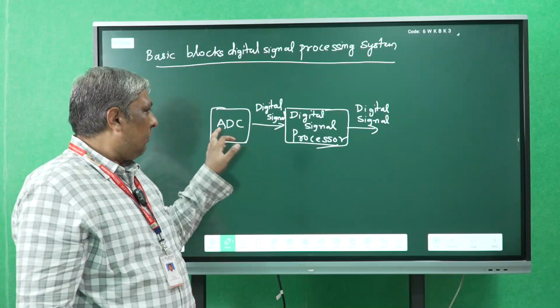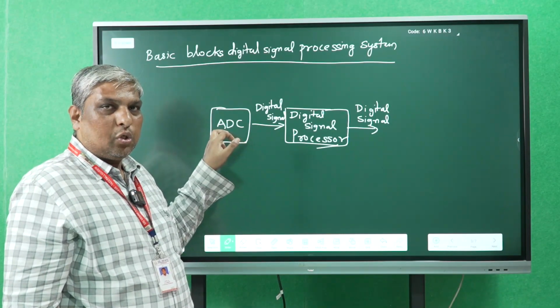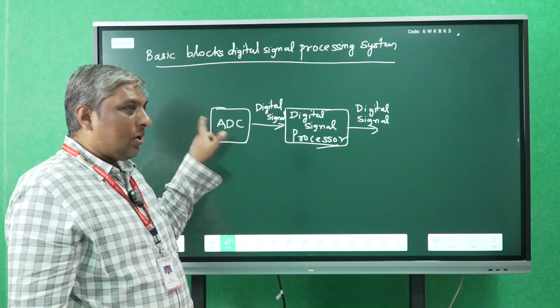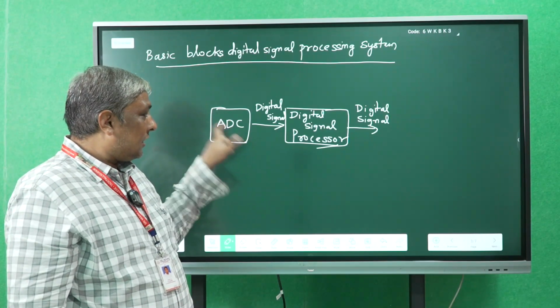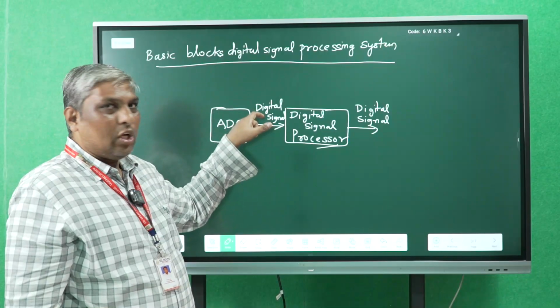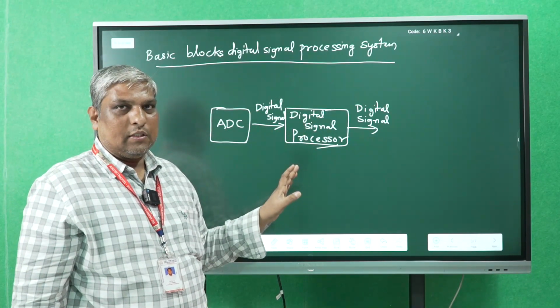ADC is called an analog to digital converter, which is used to convert an analog signal into a digital signal in such a way that the digital signal output can be processed by the digital signal processor.